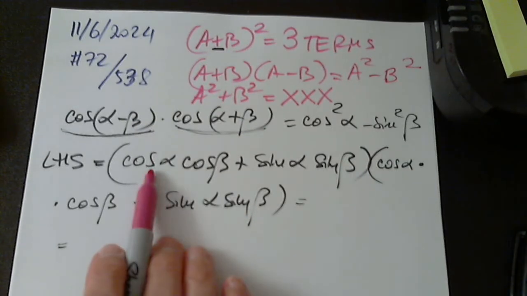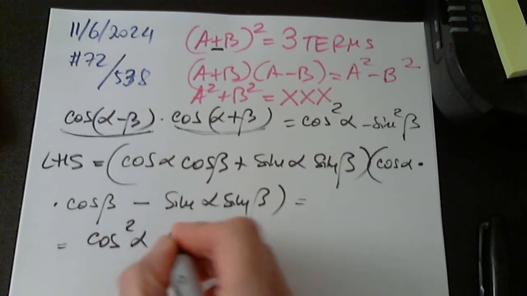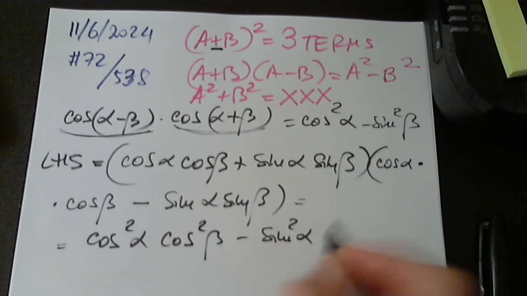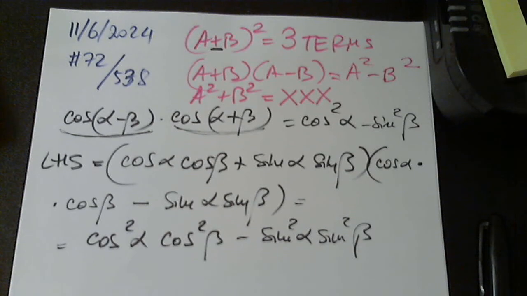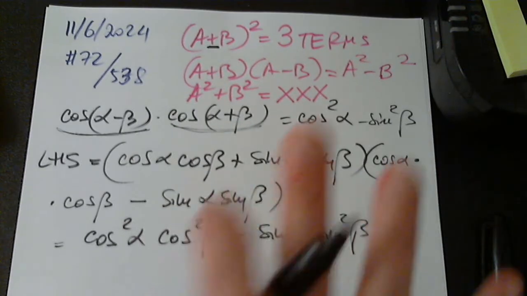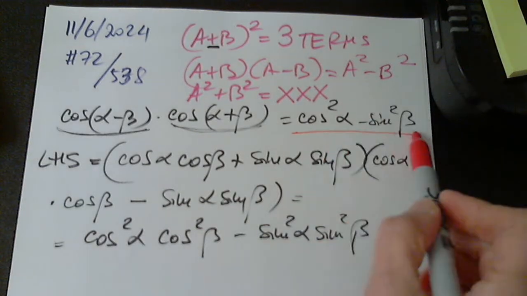Good. So then I have to square this. Cosine squared alpha cosine squared beta and minus sine squared alpha sine squared beta. Good. Next step. So let's notice one thing. This is not cheating, right? But we have to look at where we have to end up.